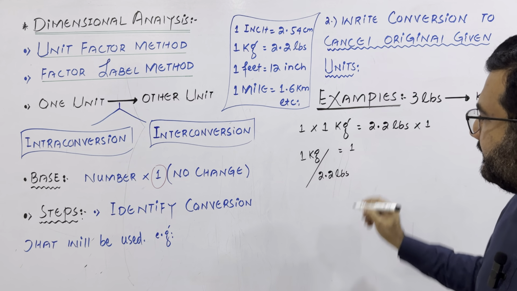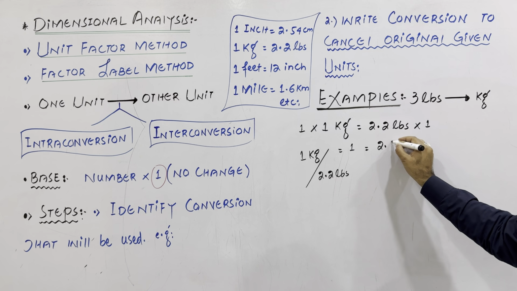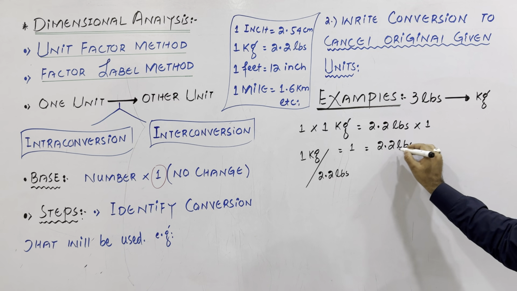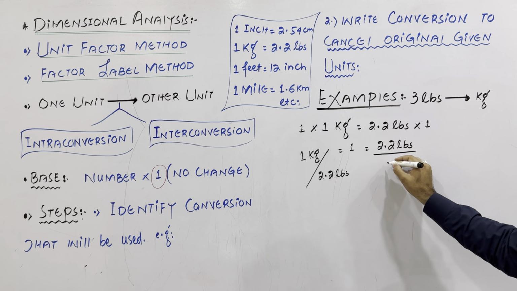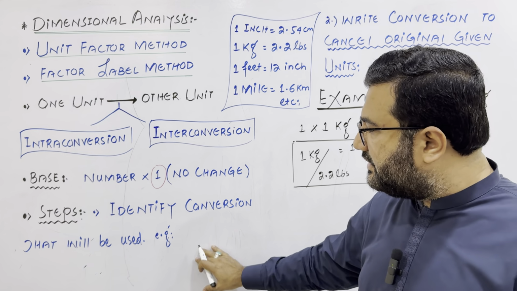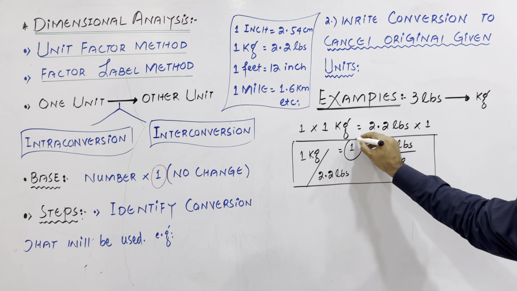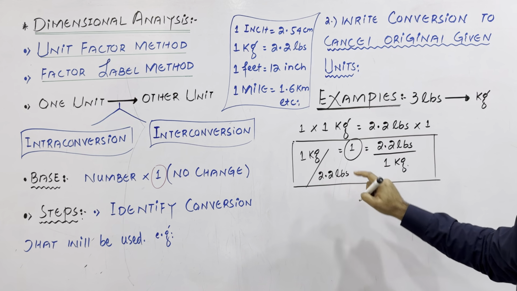If this 2.2 pounds moves to the other side, then the 1 will remain on the other side, is equal to 2.2 pounds divided by 1 kg. Both these will be equal to 1. And now dear students, that was the first step, identify the conversion and write it into the unit factor form. The unit factor means the factor 1 in the form of a fraction.